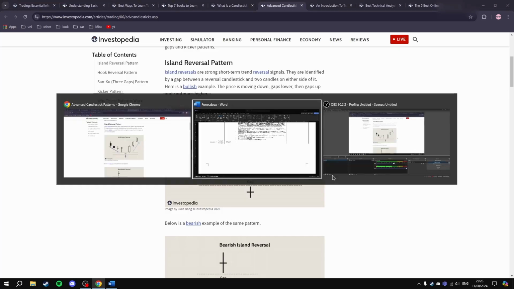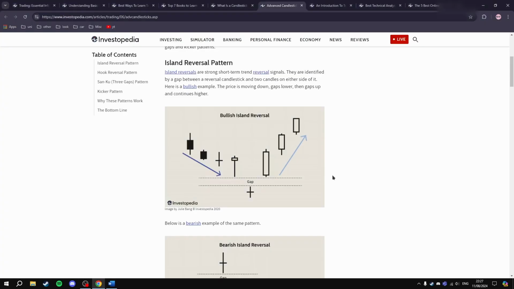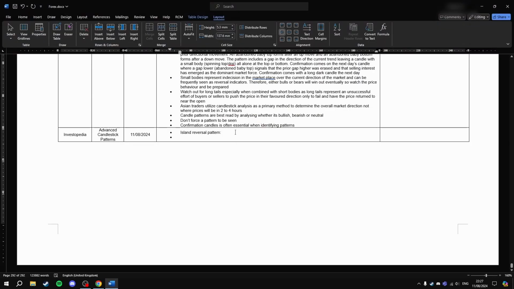So, island reversal pattern. Island reversals are strong short-term trend reversal signals.